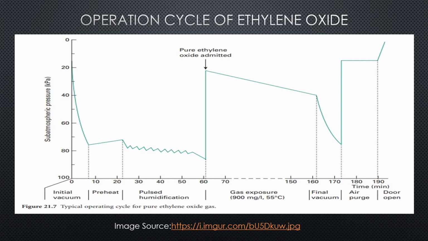The successful operation of the sterilizer requires, as the first step, an initial vacuum, that is complete removal of the air from the chamber. Then we go for preheating and humidification, and conditioning of the load by passage of some atmospheric pressure. After this, the preheated pure ethylene oxide is admitted. Here the gas is actually exposed to the material under sterilization.